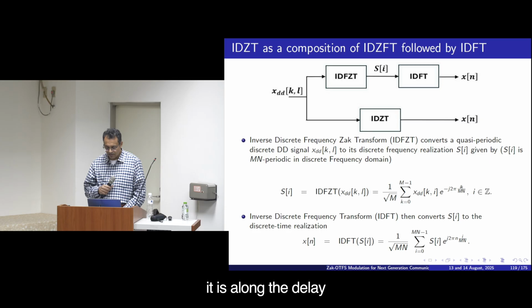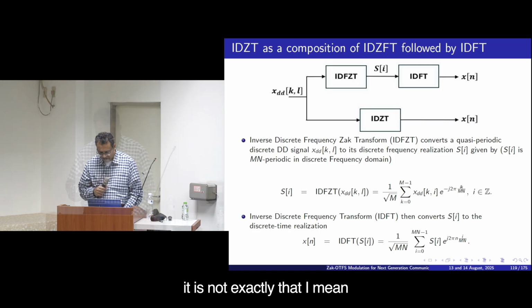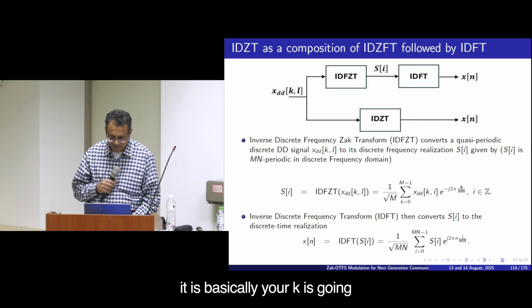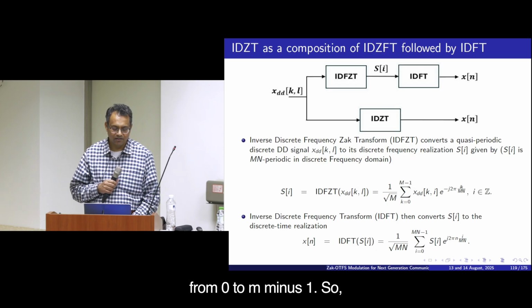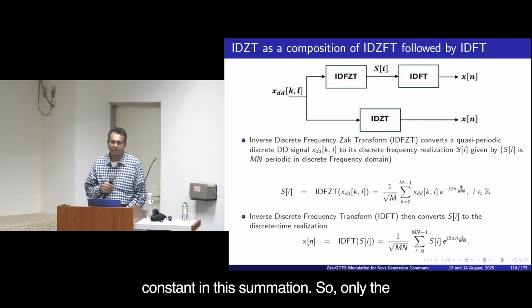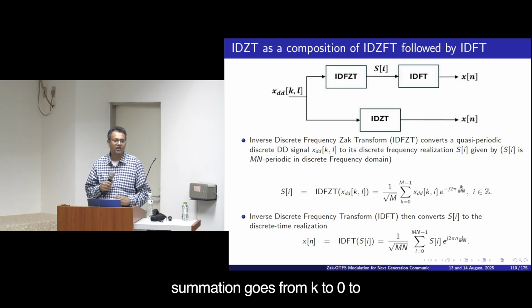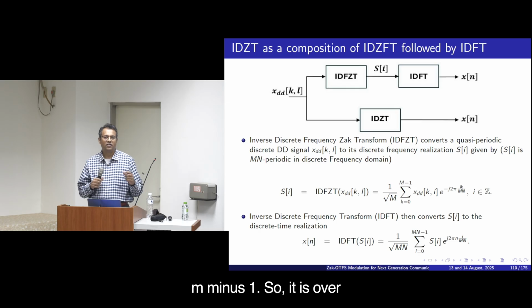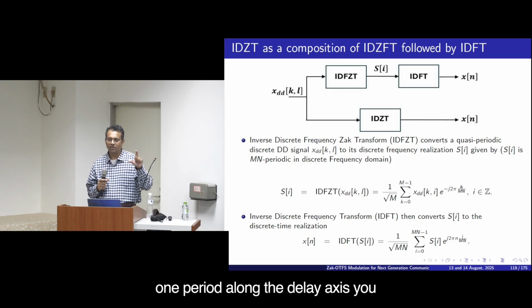It's along the delay, though not exactly a DFT, since k goes from 0 to M minus 1. So it's something along the delay domain, but i is like a constant in this summation. The summation goes from k equal to 0 to M minus 1, so it's over one period along the delay axis.